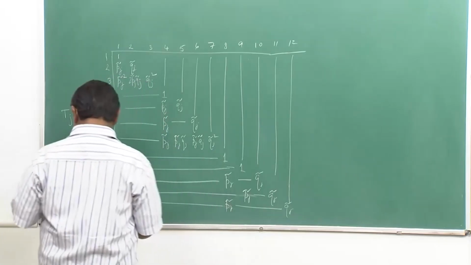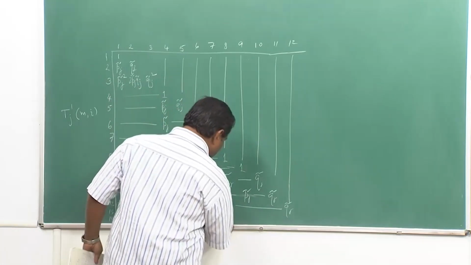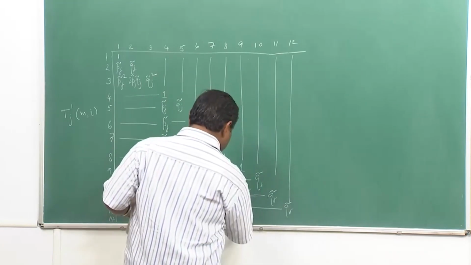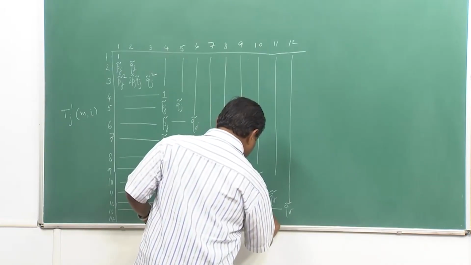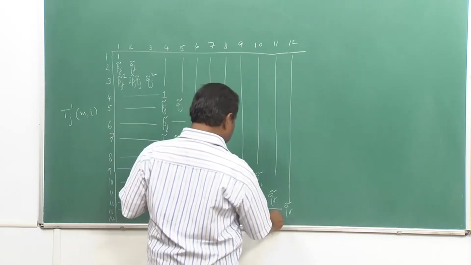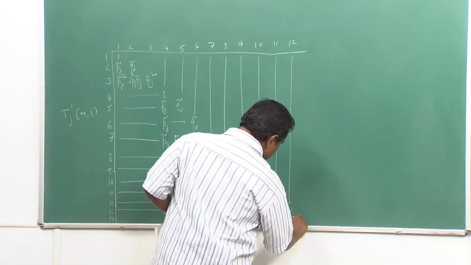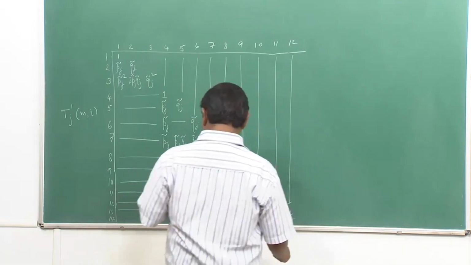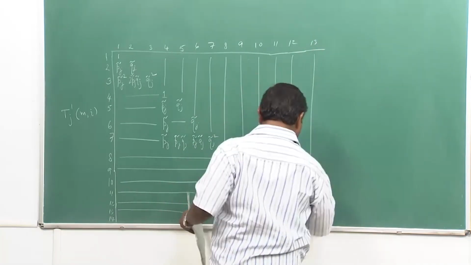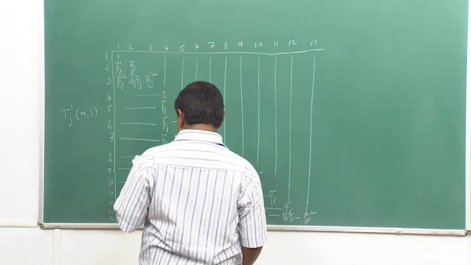The 13th: if both of them go out, pj tilde square, else pj tilde qj tilde for 10th, or you will end up in 12th state, pj tilde qj tilde, or you will end up in 13th state, pj tilde qj tilde square.